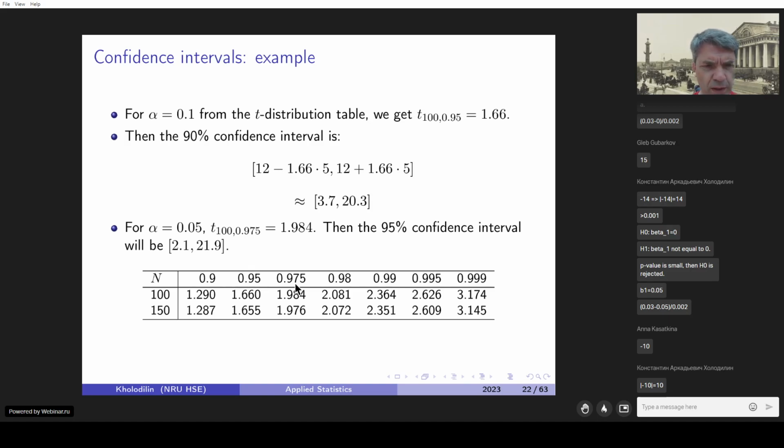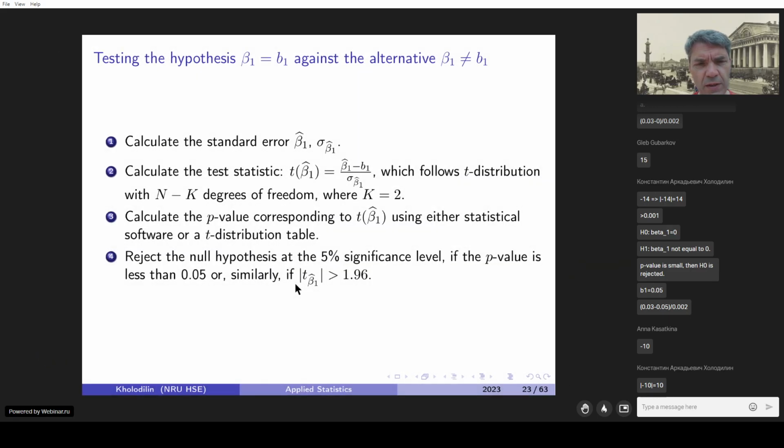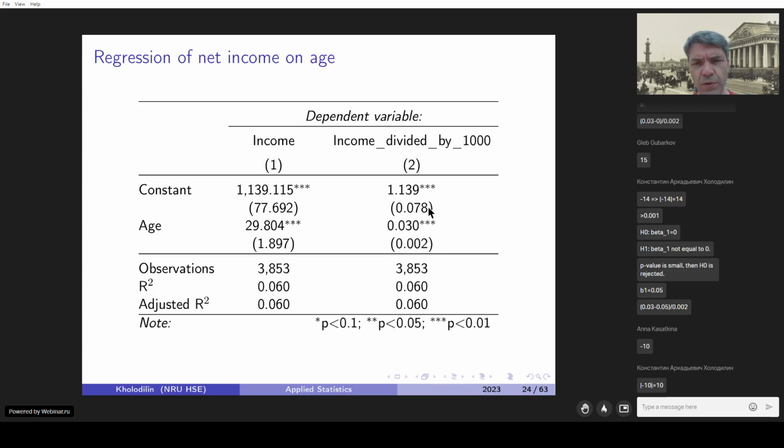For example, if we have 152 observations, and we see that 10 is much bigger than this value here, so the p-value must be very small, and we can reject the null hypothesis at 5%, but also probably at 1% level. So the coefficient is not equal to 0.05.